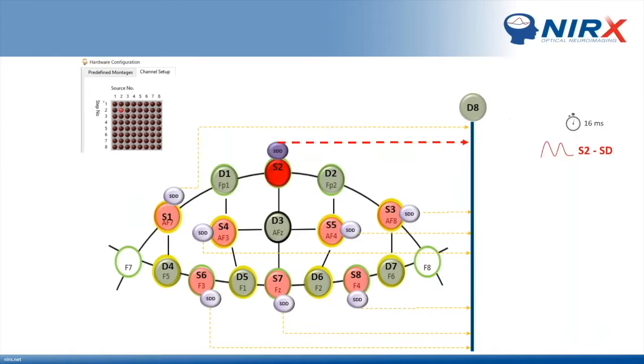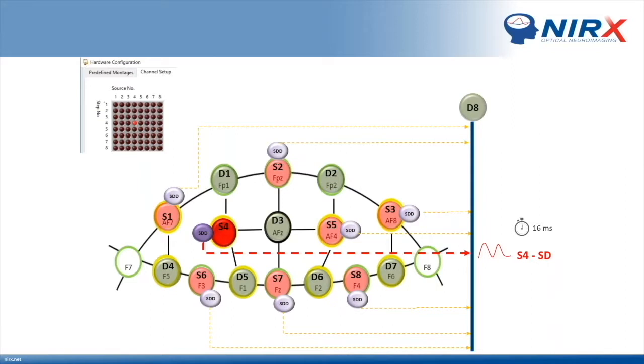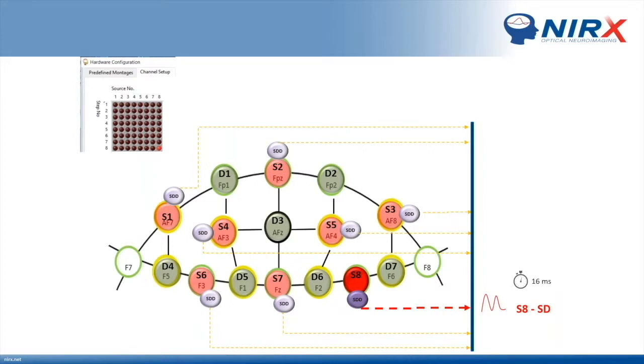And then in the next step, source 2 is firing, and the short detector clip attached to source 2 will collect the signal, and this signal will then be transmitted to detector 8, and the software knows at this point of time source 2 was activated, so the signal could have only come from the short clip attached to source 2. And similarly, when source 3 is activated, detector 8 receives signal from the short clip attached to source 3. Next step, source 4, 5, 6, 7, 8. You get the idea.